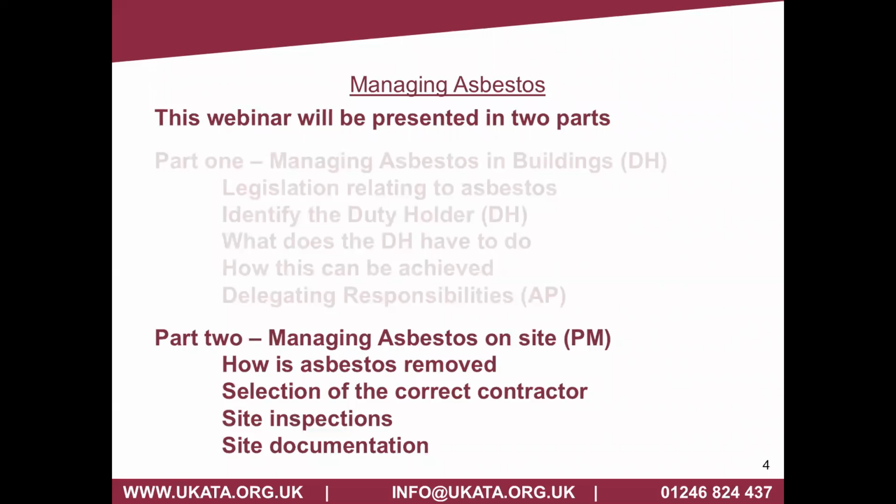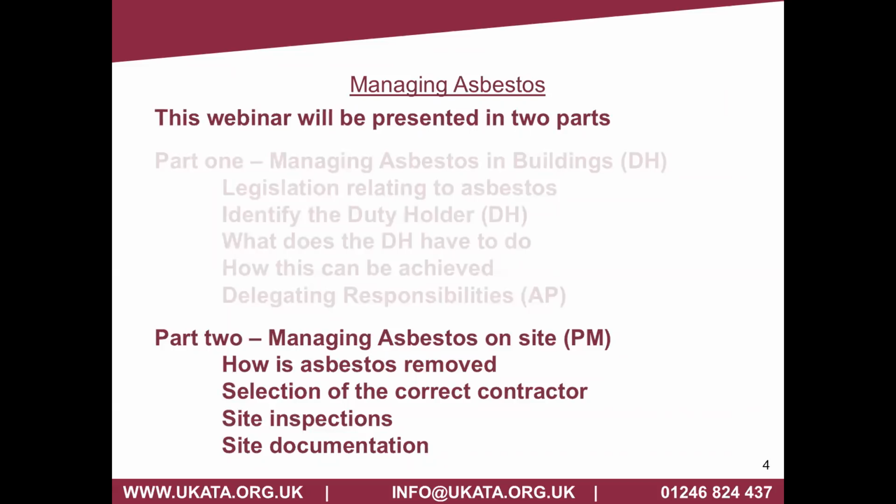And certainly in relation to other regulations, the client or the principal contractor will have responsibilities to manage the asbestos removal contractor, whether it be a high-risk work activity such as a licensing activity or a low-risk work activity such as maybe maintenance works, etc.